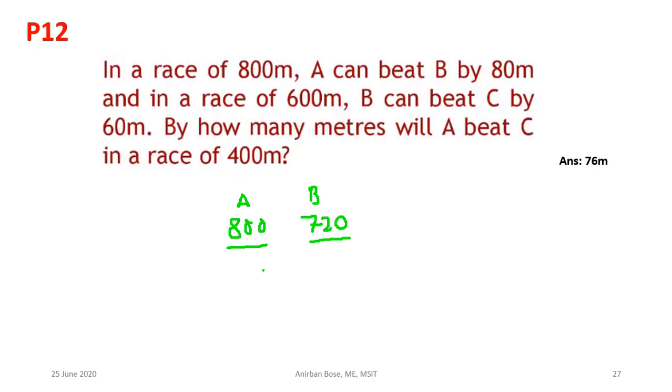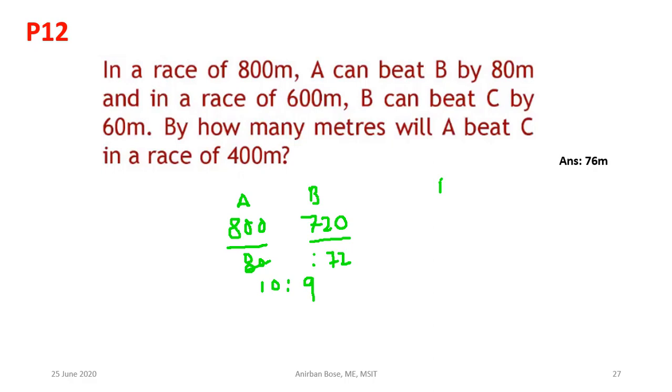So what is that ratio? If you take 80:72, that means 10:9. So A is to B is 10:9, that you can see.